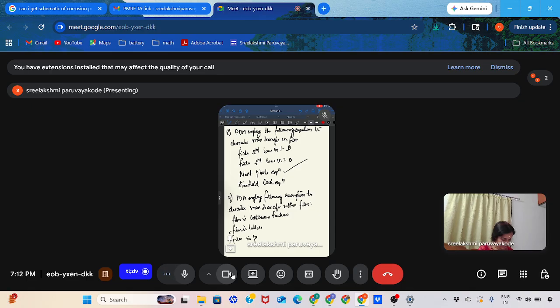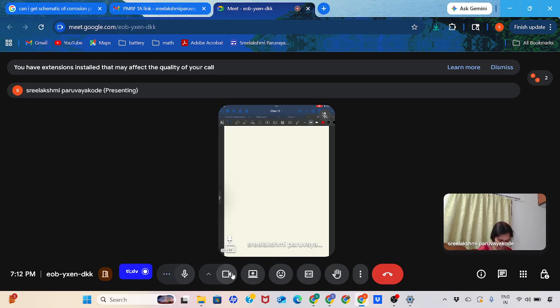Film is porous. Film has accumulation of ions near interface. So for this, they are considering the film to be a continuous medium. Only then can you apply a uniform kind of equation across the film. So they consider it as a continuous film. So the last question then.